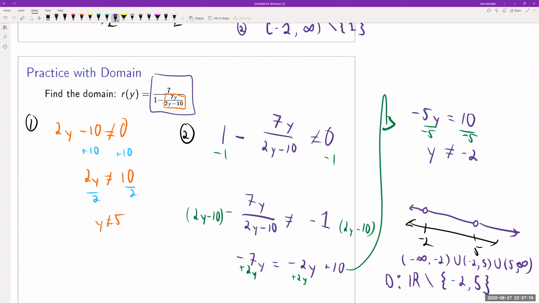Again, I like the bottom one much better. It shows off that what I'm looking at is all real numbers with 2 holes, not 3 separate intervals, but really just one interval with 2 pieces removed. That being said, the top one is perfectly correct. It's just harder to interpret when you're new to the subject.